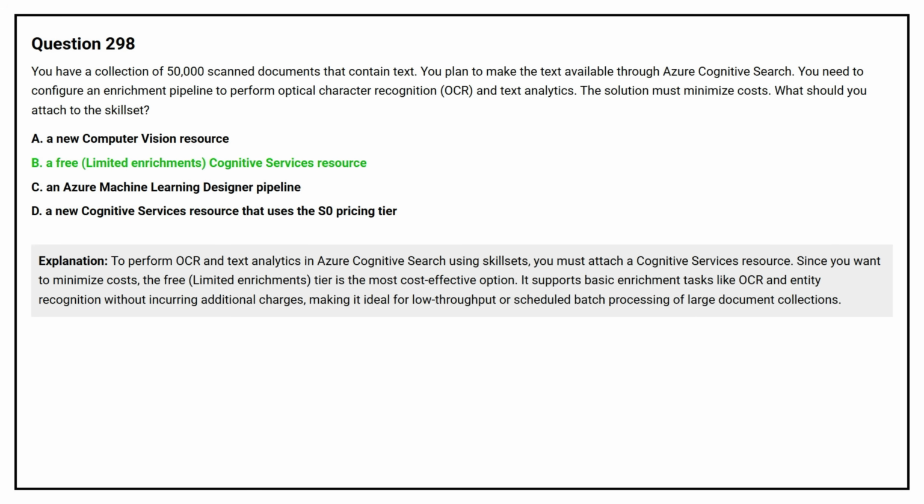Since you want to minimize cost, the free limited enrichment tier is the most cost-effective option. It supports basic enrichment tasks like OCR and entity recognition without incurring additional charges, making it ideal for low throughput or scheduled batch processing of large document collections.